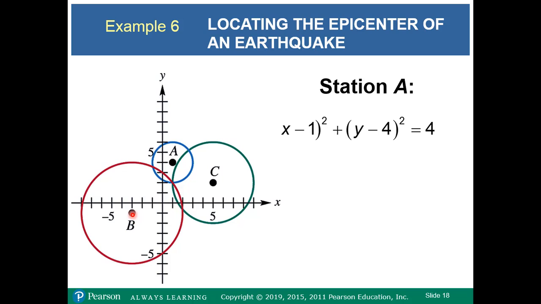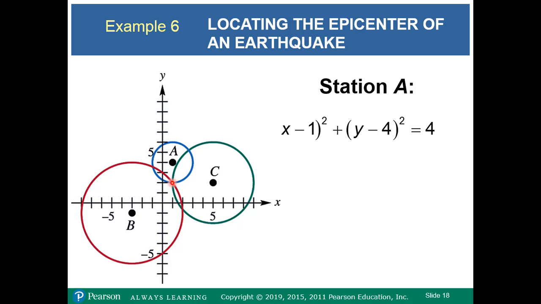And so here is going to be 5 units. So it's going to be anywhere on this circle. All they told us was the distance from the receiving station to the epicenter. So this is called triangulation. Wherever these circles intersect, that's the epicenter.